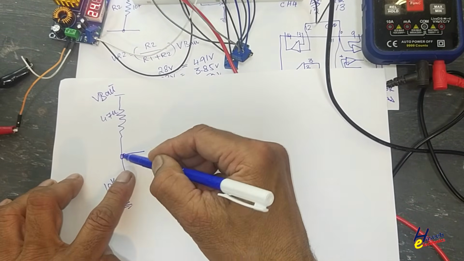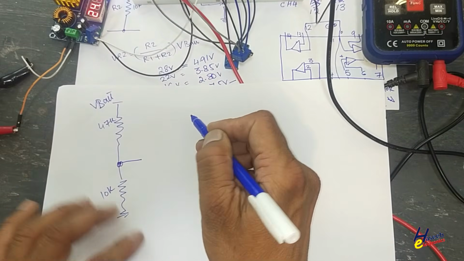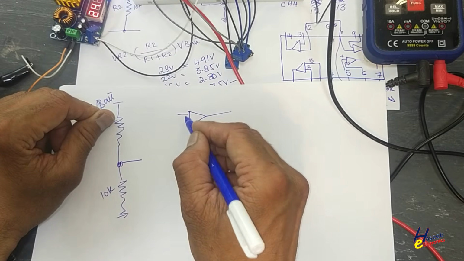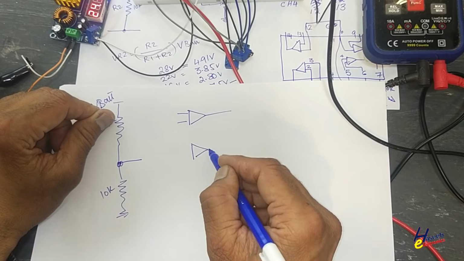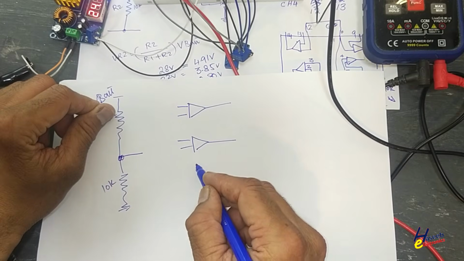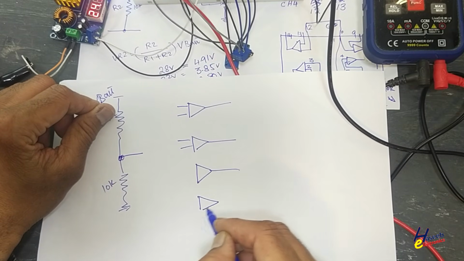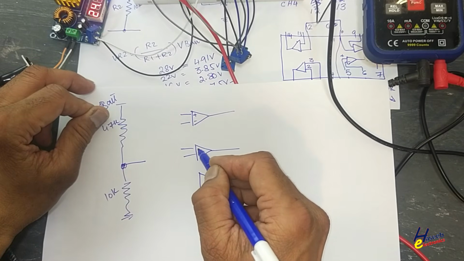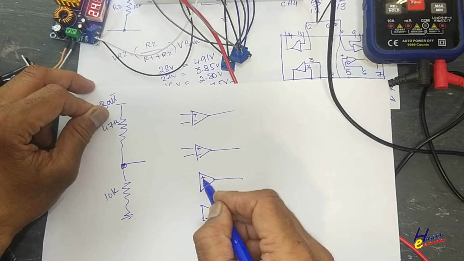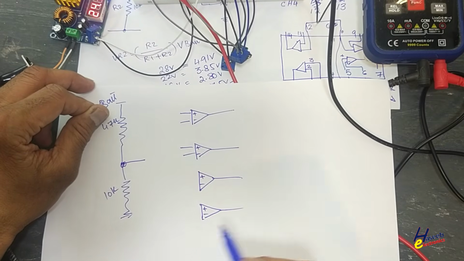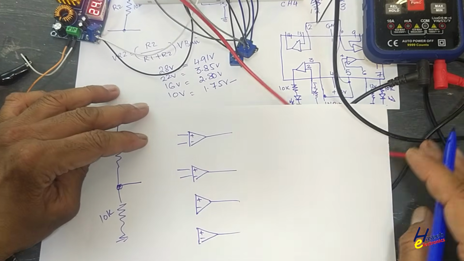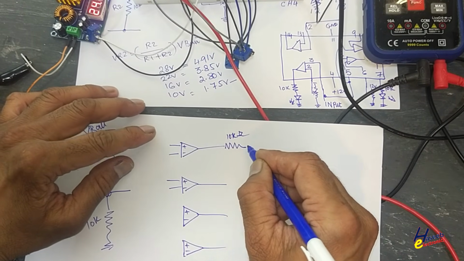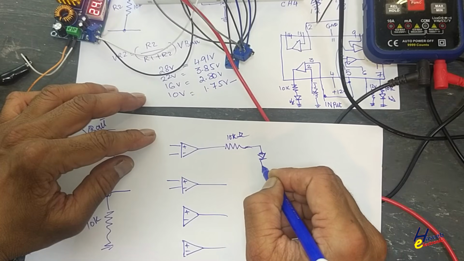Here is our test signal. We have 4 operational amplifiers. Positive, negative, non-inverting, inverting, non-inverting, inverting, non-inverting, inverting. At each section we have a 10 kilo ohm resistor and LED.